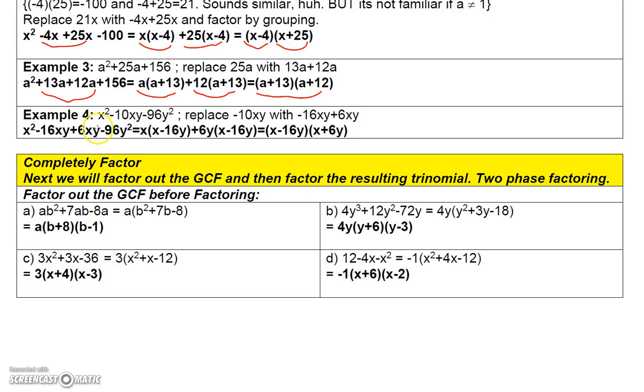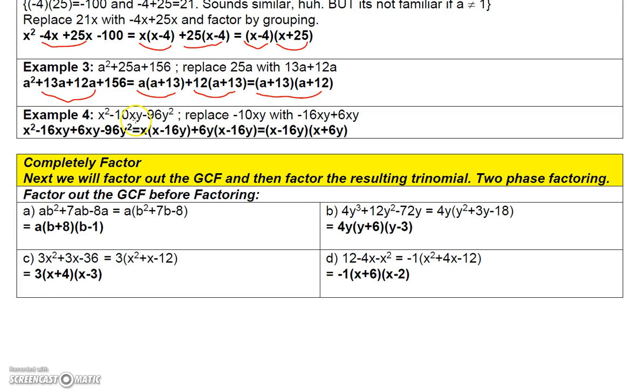And then the last one, we can actually replace -10xy with -16xy plus 6xy, since -16 times 6 is -96, which is the product of 1 and -96.